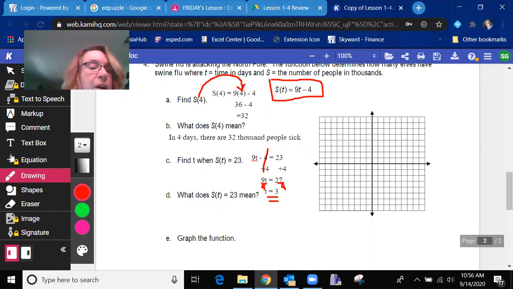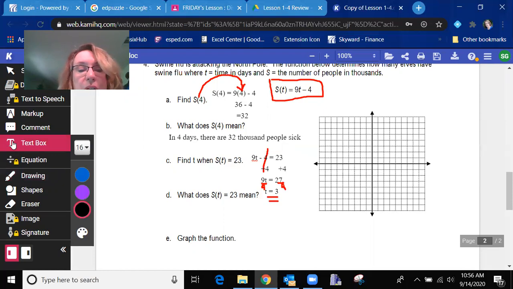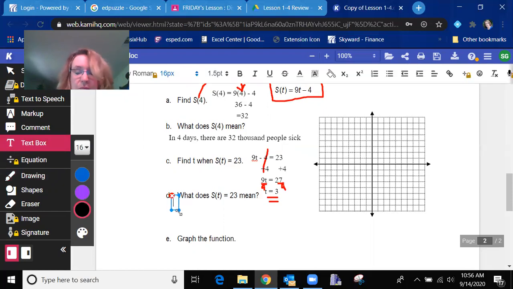So now what does that mean? What do those numbers mean? What does S of t equal 23 mean? So what is the 3? That's days. In 3 days, there are 23,000 people sick.